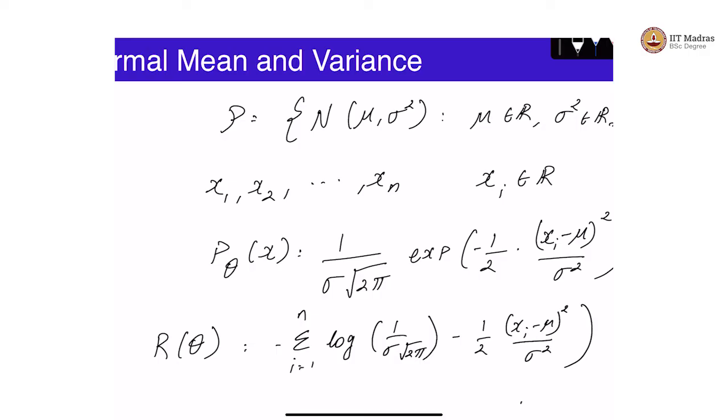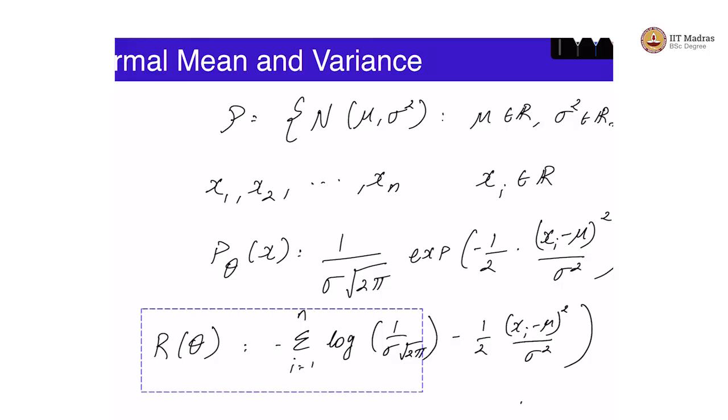So this minus is common for both these terms. So here when you had just the mean, you could just ignore this term. Why is that? Because this term happened to be just a constant. But when you have sigma also as a parameter, you can't ignore this term, and you have to take care of this also.